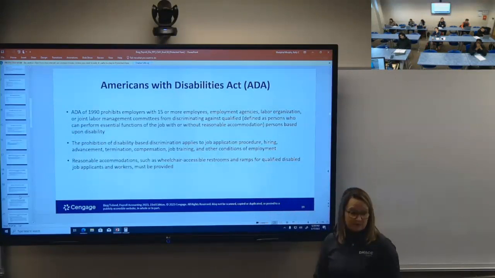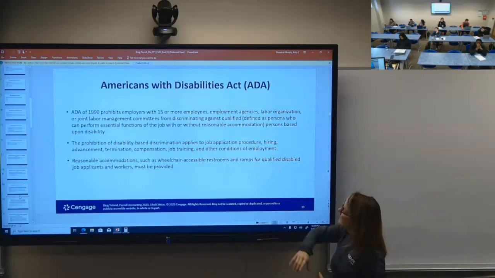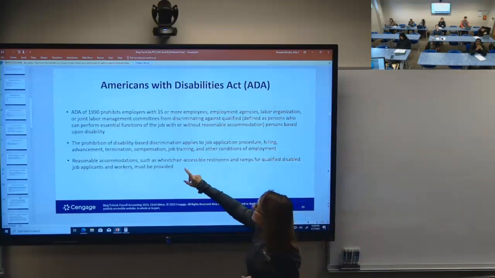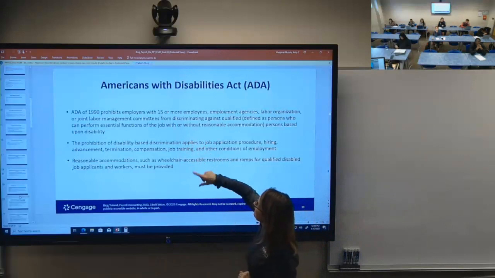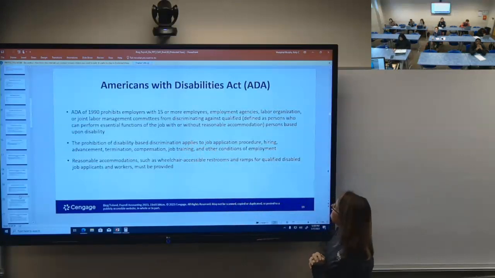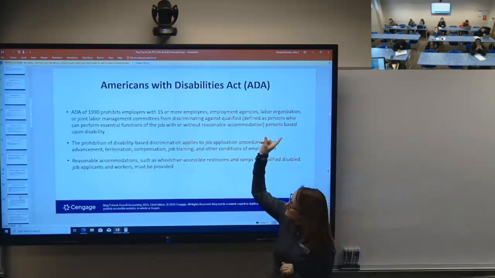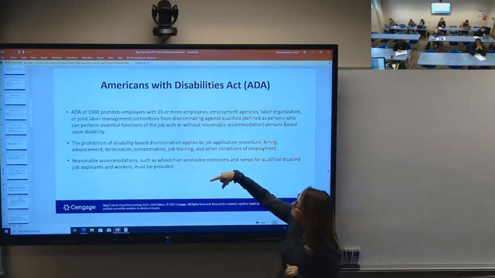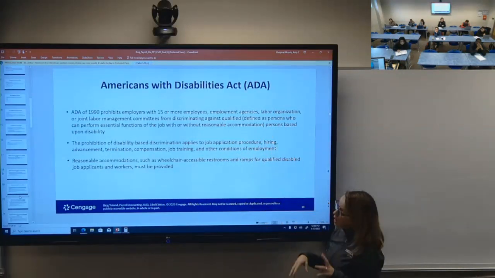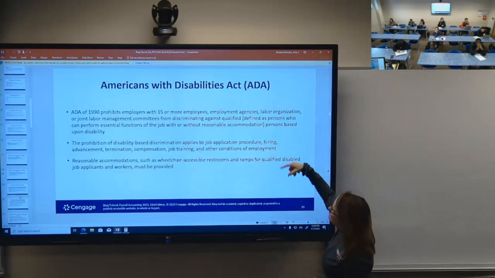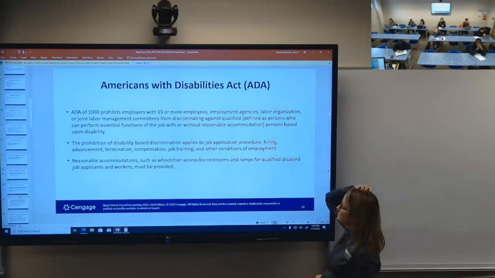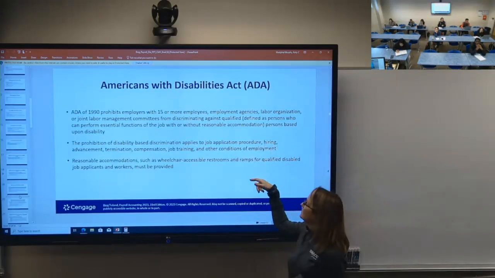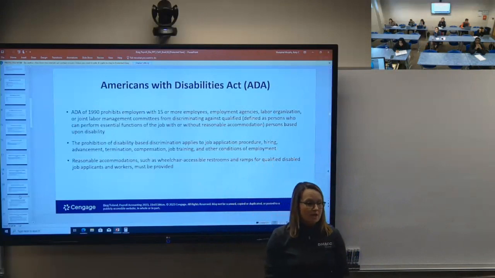But if there is no justifiable restriction, then the Americans with Disabilities Act kicks in with the protections. This one is for employers with 15 or more employees. Also employment agencies and labor unions are prohibited from discriminating against qualified individuals, defined as persons who can perform essential functions of the job with or without reasonable accommodation.